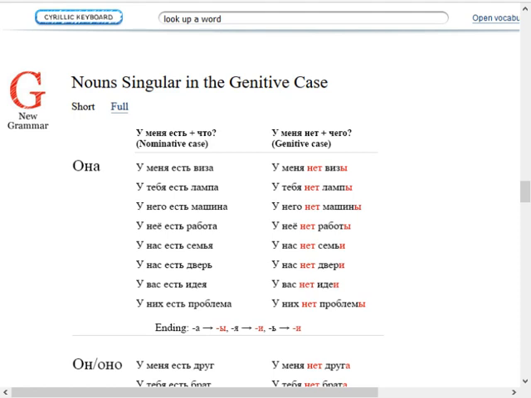But if you say у меня нет or у неё, whatever, if you say that I or he or she or we don't have something, then you do change the noun. But I'm still trying to figure out, like you can see for nouns that end in an A, like visa or lampa, it becomes vizi or lampi.